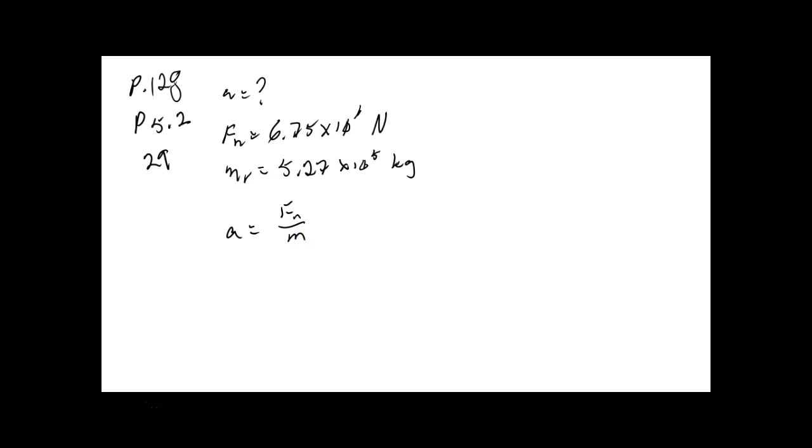I've lost power again. There we go. Let me see if I can hold this with my right hand while I write this way. All right, so the net force is 6.75 times 10 to the 6th. And newtons. What is a newton in basic units?